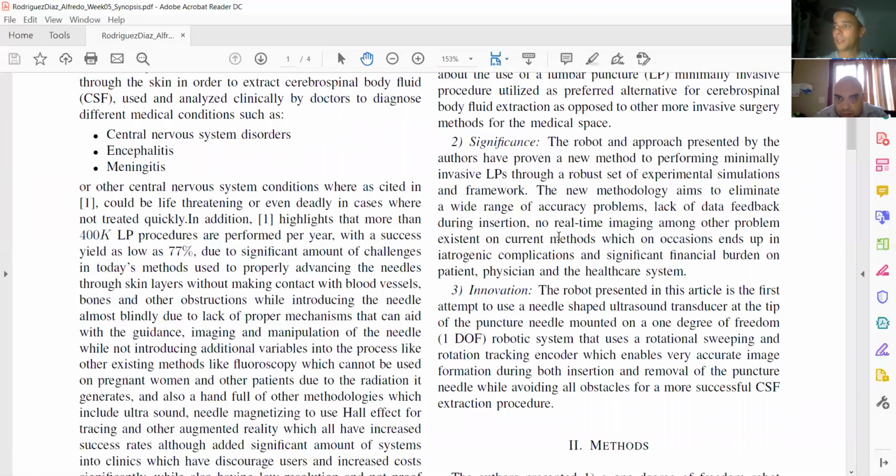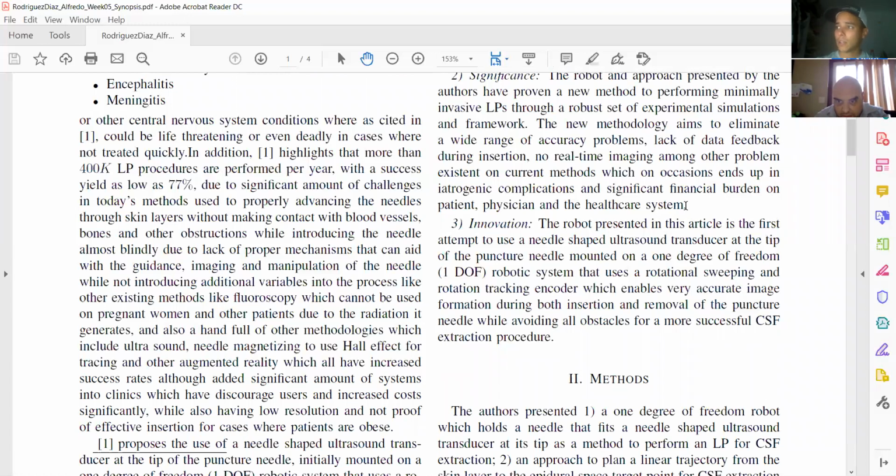And again, no real-time imaging exists today for this. Everything is made kind of external to the body, and then it's just one try. It contains a lot of guessing. So here, because you're doing it real time, once the needle is in, there's not a lot of guessing. It's exactly what you have in front, and you can alter your path using that information.